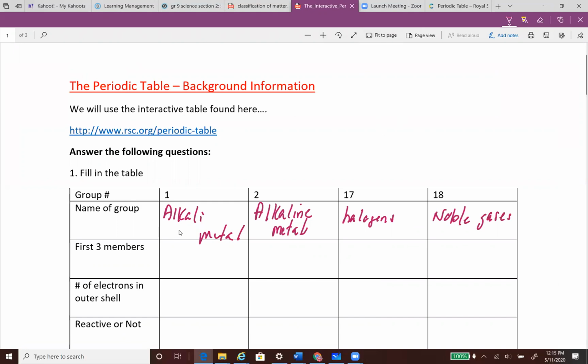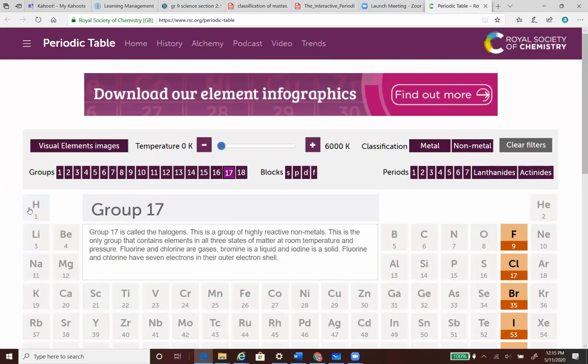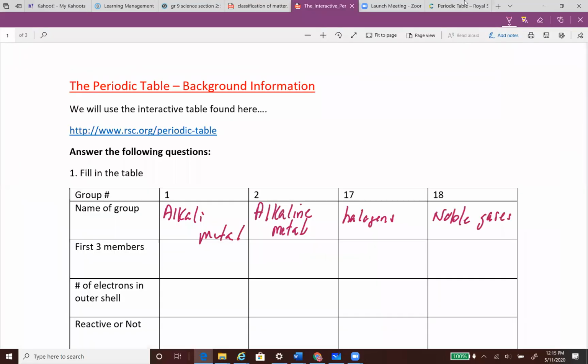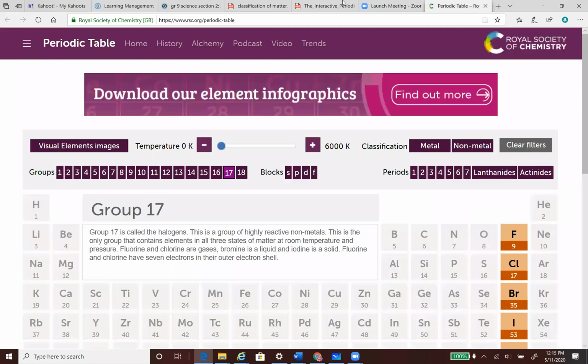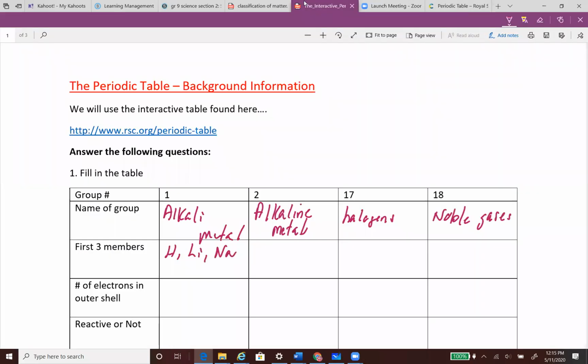So if I look at group 1 in the periodic table, the first 3 members are hydrogen, lithium, and sodium. So hydrogen, lithium, and sodium. If I look at group 2, the first 3 members are beryllium, magnesium, and calcium. So Be, magnesium, and calcium.